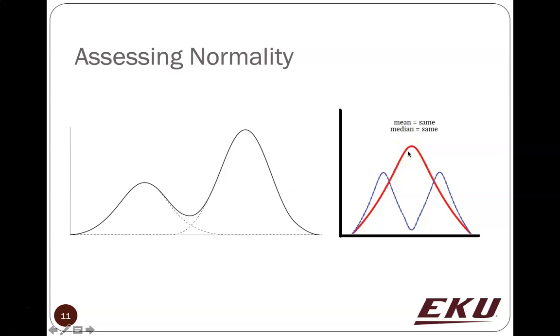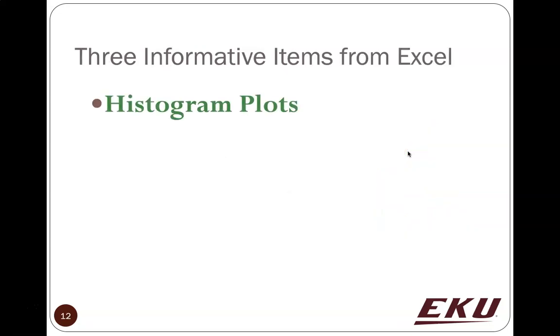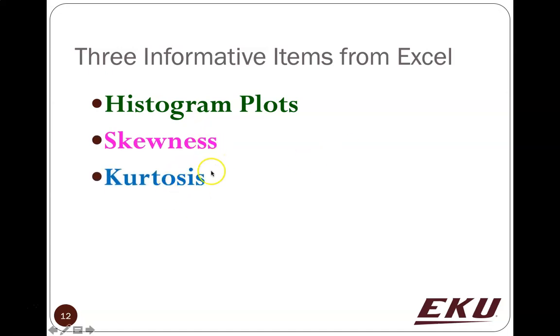Excel does not allow us to do the normality curve assessment as easily as a stat program, but there are three ways we can deal with it. We can use bar charts or histogram plots. We can look at skewness and kurtosis. Skewness and kurtosis are the two easiest ones with Excel. They're not ideal by themselves, but they do work.